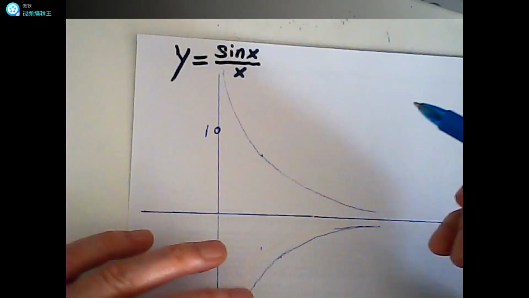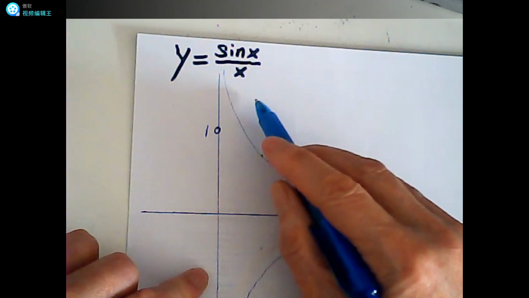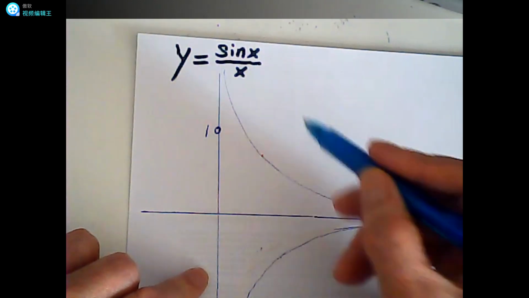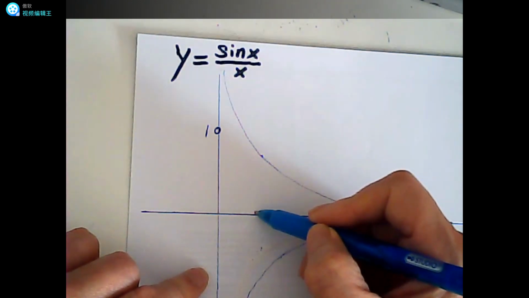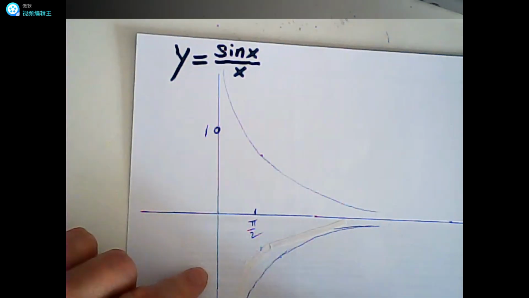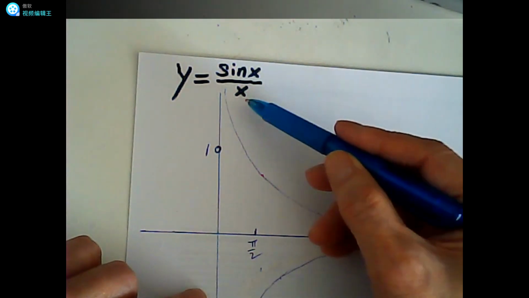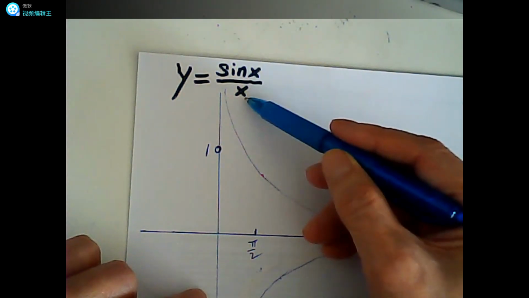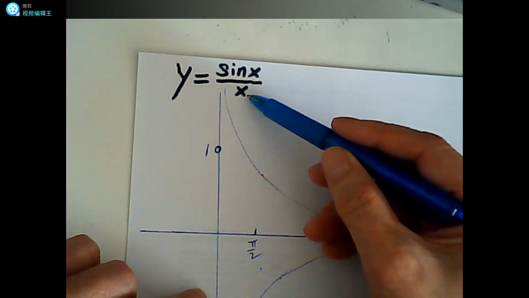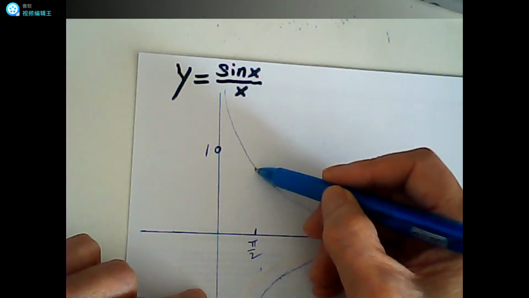Now, when x is equal to half pi, sine is 1, right? So 1 over half pi is pi over 2.